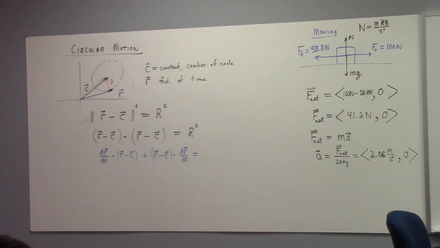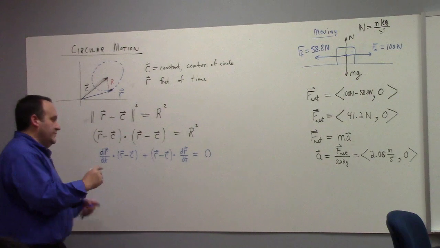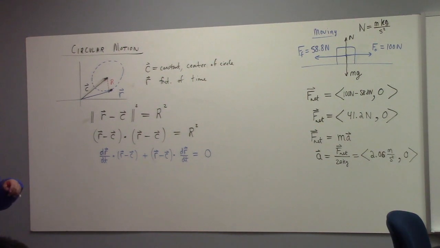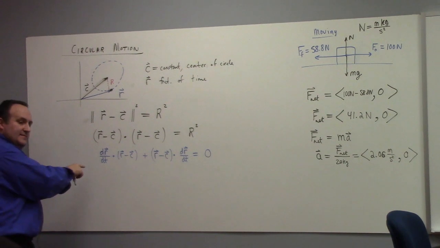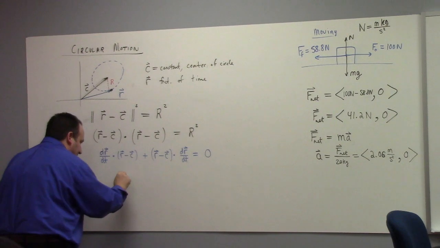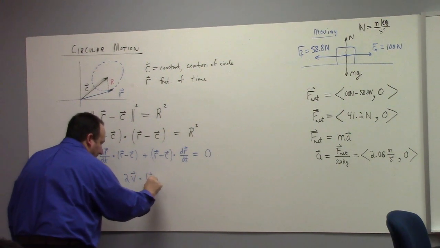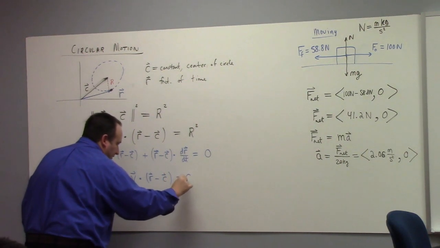The derivative of a constant is 0. But we also know that the dot product is commutative: A dot B is B dot A. And what is dr/dt? It's v. So what this equation says is 2 times the velocity dotted with R minus C is equal to 0.